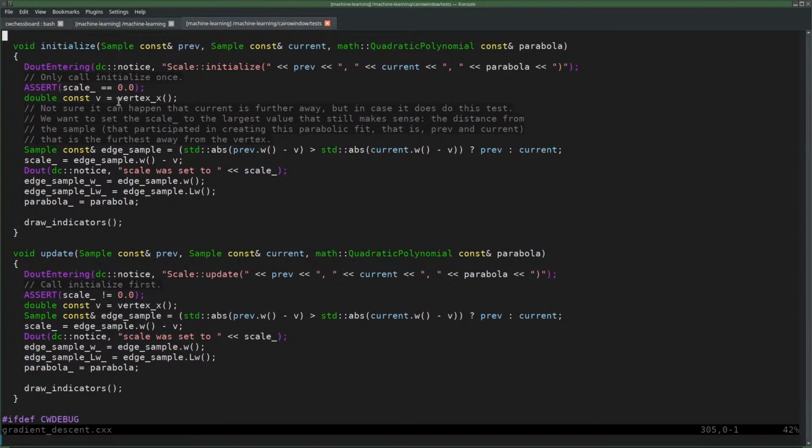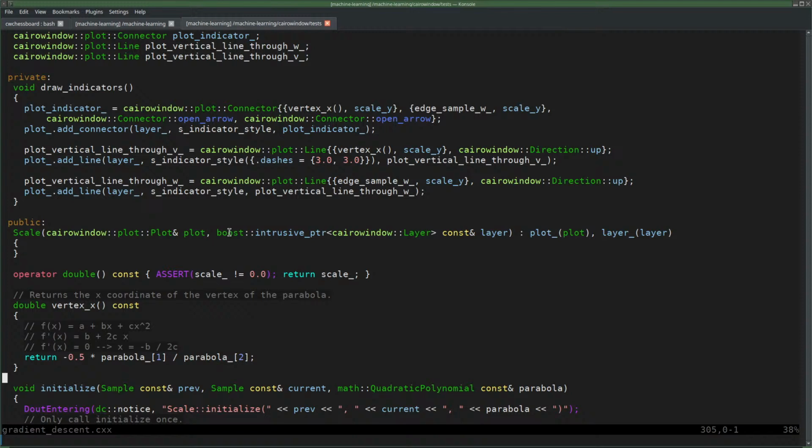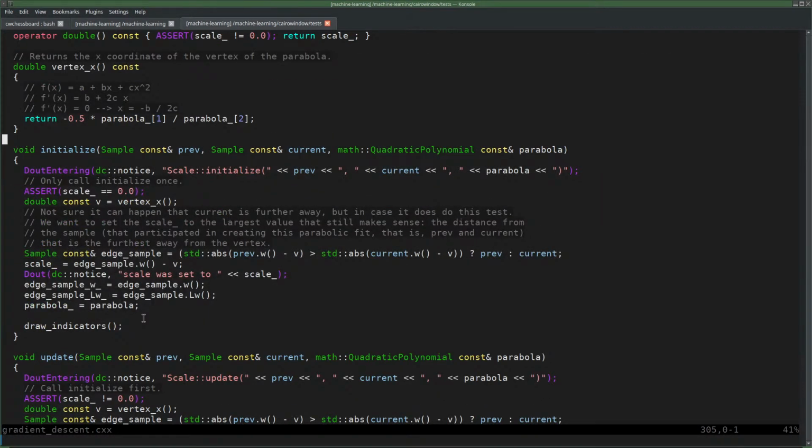So this is the x-coordinate of the vertex, and then I pick the wrong one apparently. And then I'm setting edge sample to edge sample W, which is then used to draw my vertical line through W. So it picks the wrong one. Edge sample is not correct, so this is wrong.